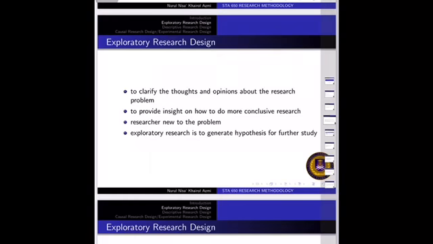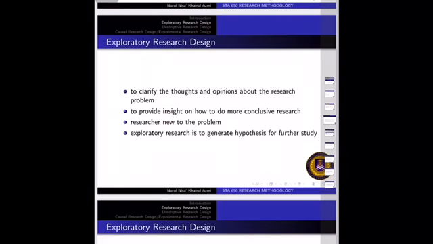Normally in the exploratory research design, we have no idea, or we have very insufficient information about the problem, to provide insight on how to do more conclusive research. Therefore, exploratory research design is theory based.